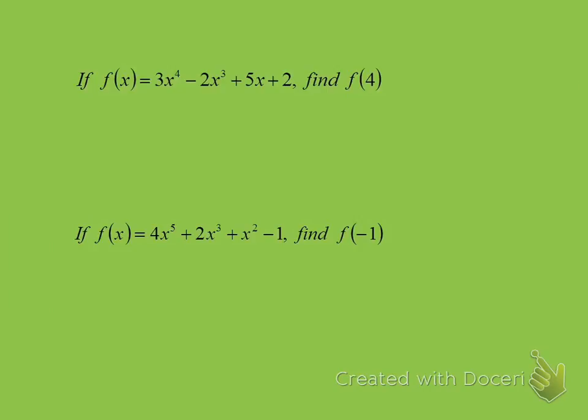So if f of x equals 3x to the 4th minus 3x cubed plus 5x plus 2, find f of 4. Before you rush in, remember the old saying, fools rush in? You ever heard that before? Before you rush in, check your polynomial. What's missing?